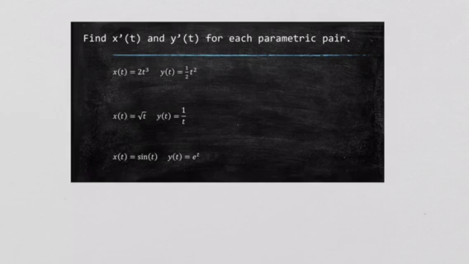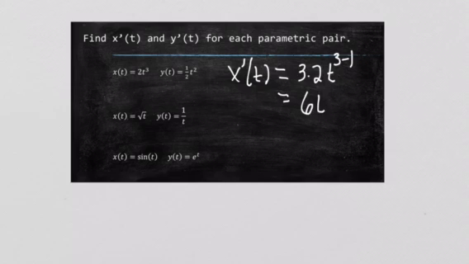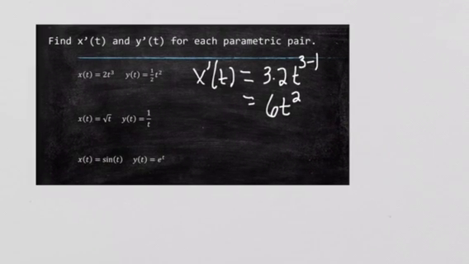All right, so first up here we have x prime t. Our power rule says that we should do 3 times 2 times t to the 3 minus 1. Our power rule says multiply by our exponent, subtract 1 from our exponent. So our x prime t is going to be 6t squared.